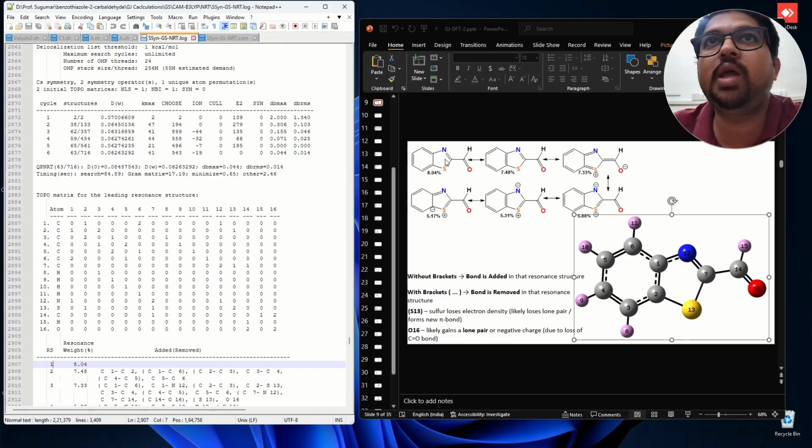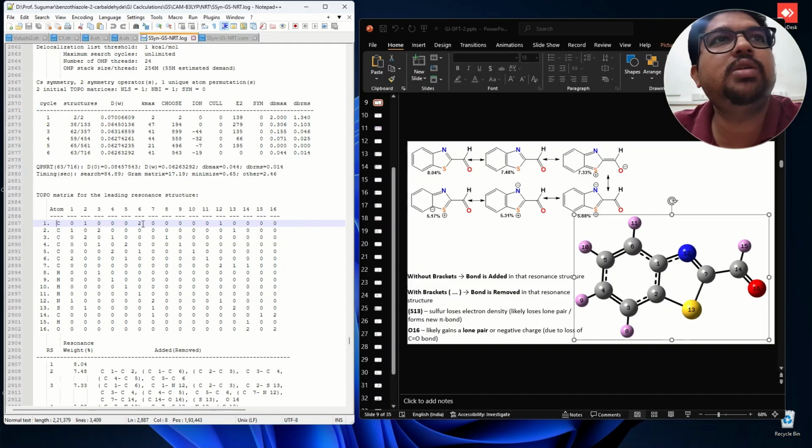So this is the structure that I have drawn here. How I came up to this structure is, these are the atomic labeling, right? Atom number 1 is connected with atom number 2 with a single bond, and here there is a single bond. Atom number 1 and 3 are not connected, so it's 0, meaning there is no connectivity.